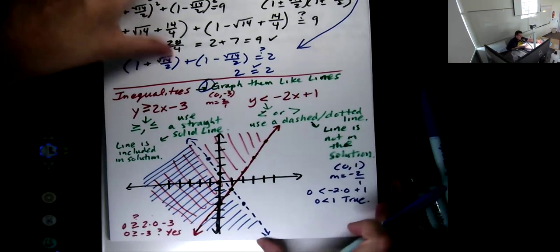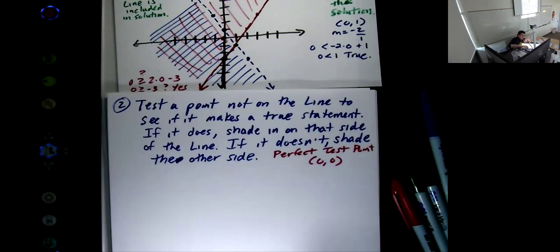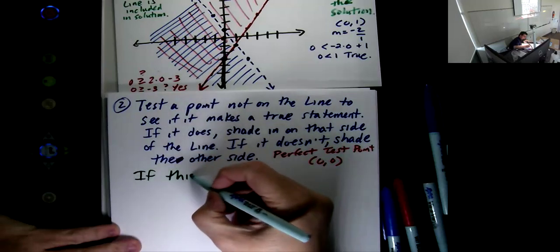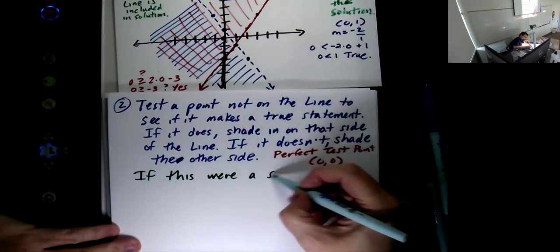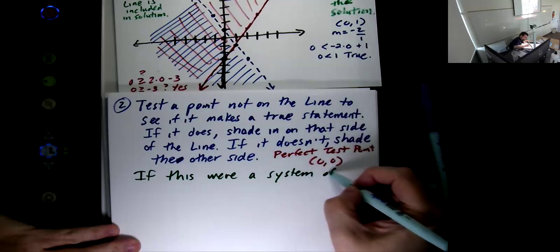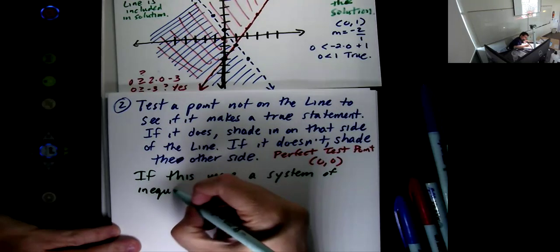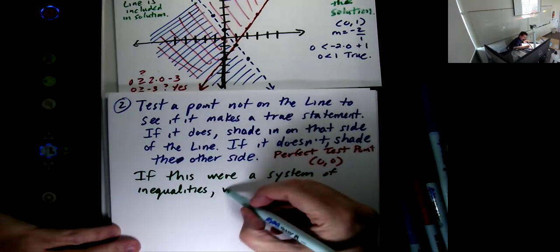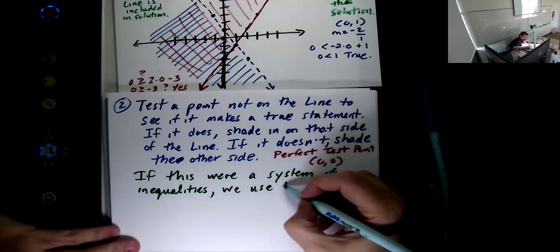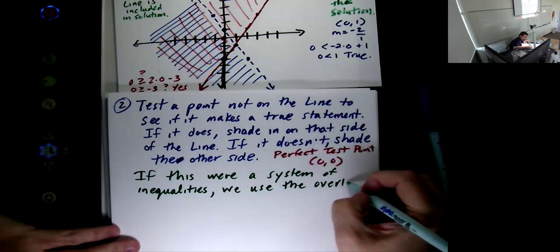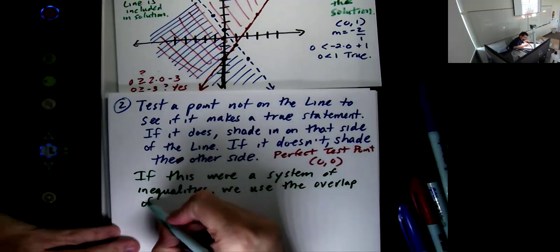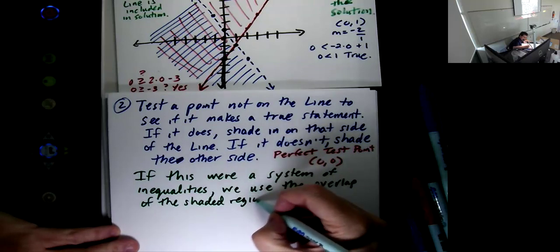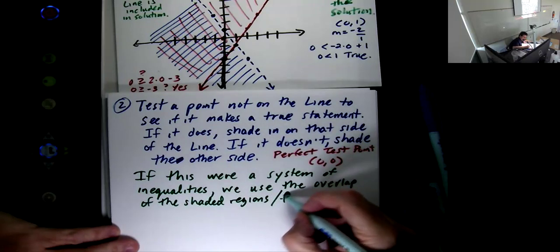For a system of inequalities, if this were a system of inequalities, we use the overlap of the shaded regions, and filled or solid lines.